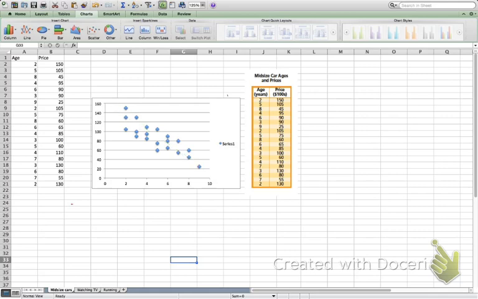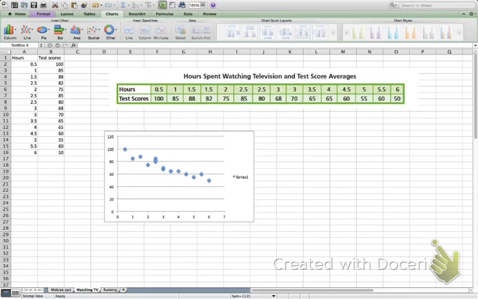There's another example here. We have watching television. They took the hours spent watching television and their test scores, and graphed those. Notice over on this side, these are your test scores, and these are the number of hours on television.